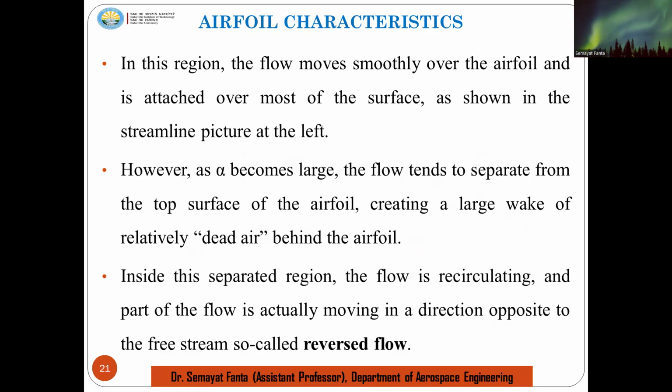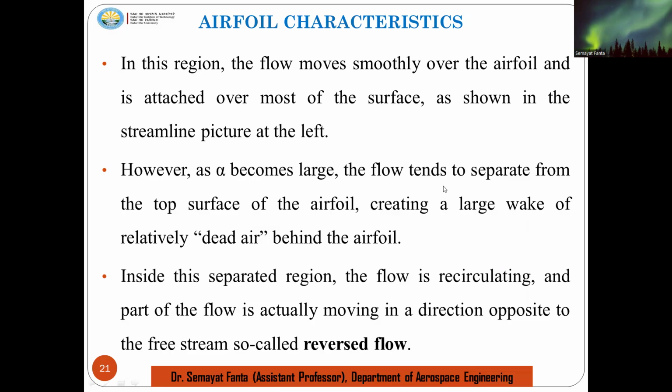In the linear region, the flow moves smoothly over the aerofoil and is attached over most of the surface, as we have seen. As alpha becomes larger, the flow tends to separate from the top surface of the aerofoil, creating a large wake of relatively dead air behind the aerofoil.